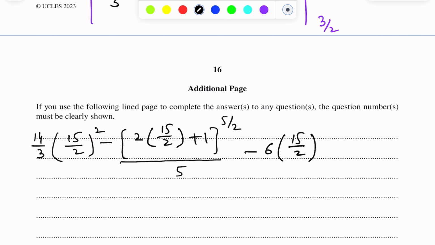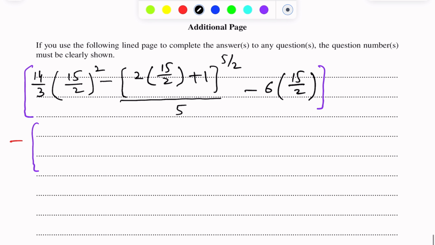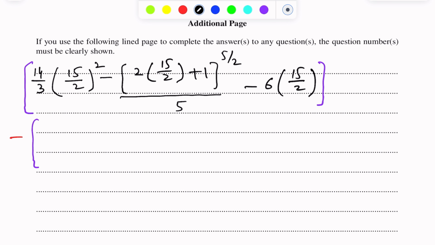This is the upper limit, minus the lower limit. Lower limit is 3 over 2.